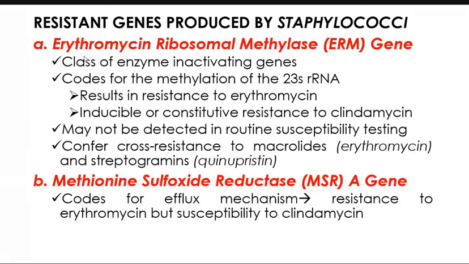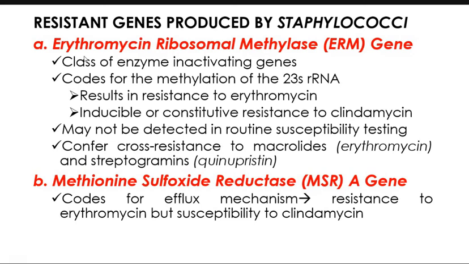Okay, so we get into the resistant genes. That's why we have MRSA. We have these resistant genes produced by Staphylococcus. We have the erythromycin ribosomal methylase or the ERM gene. This is a class of enzyme inactivating genes and causes the methylation of the 23S ribosomal RNA. This results in resistance to erythromycin. It may not be detected in routine susceptibility testing.